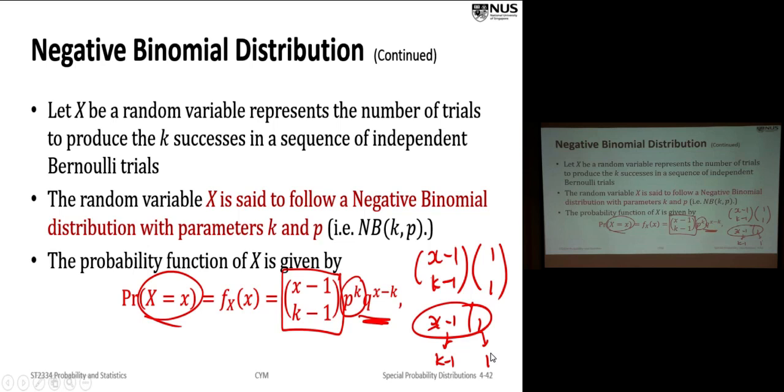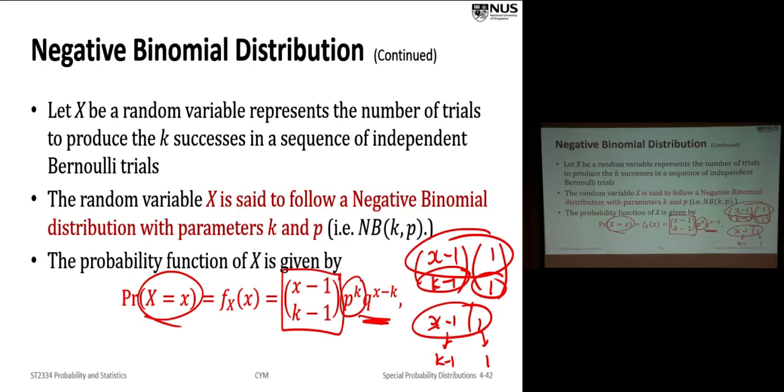Okay, so the top entry is the number of trials, X of them. This is the number of trials, and I divide it into 2 groups, X minus 1 and 1 trials. And the second entry here is the number of successes. I also divide the number of successes into 2 groups. K minus 1 successes go to the K minus 1, and the other success must go to the last one.